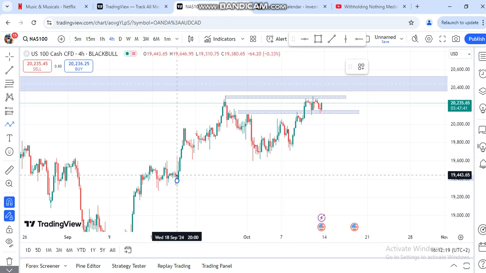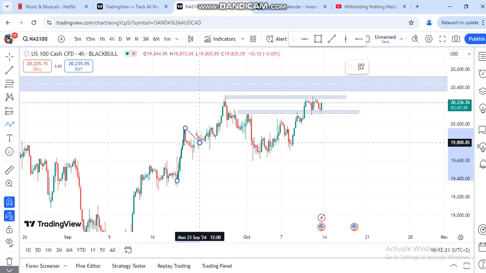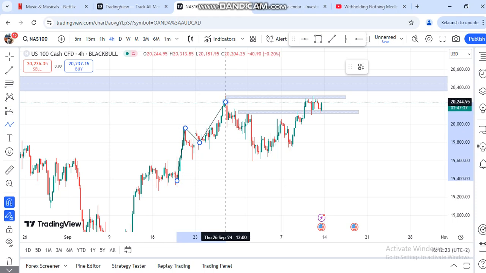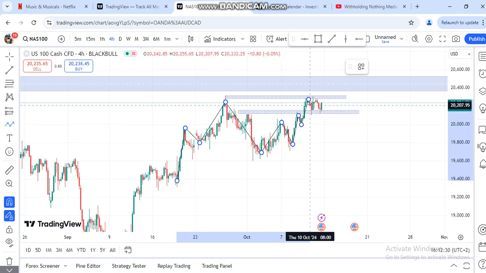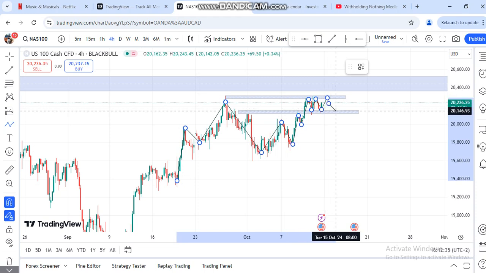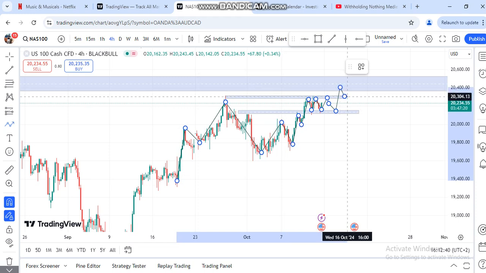So the market started from here, then did like this, came back here, then like this, like that. Now it's consolidating. We might break out here, then come back and retest, then come back again.